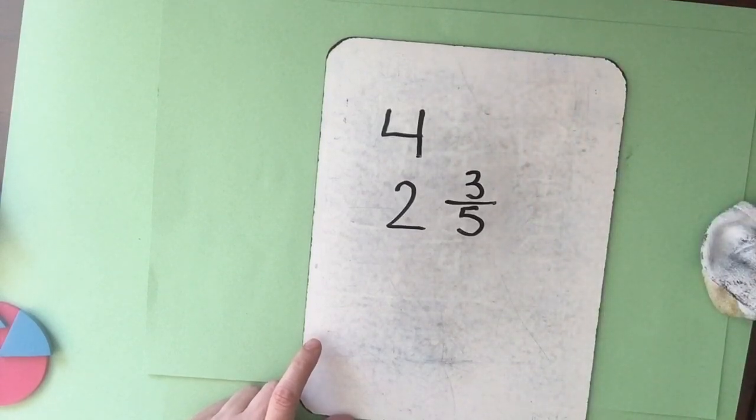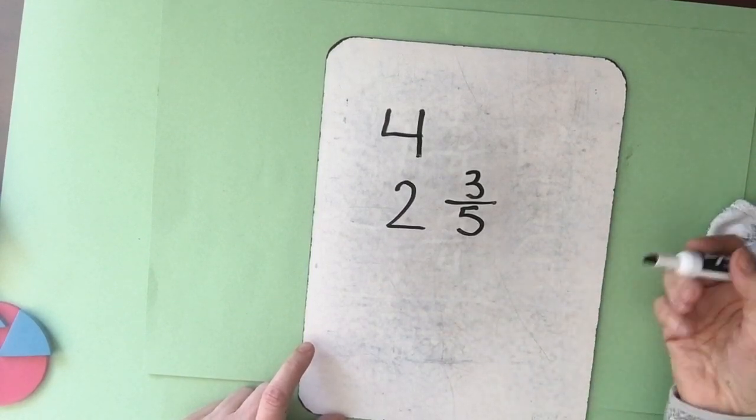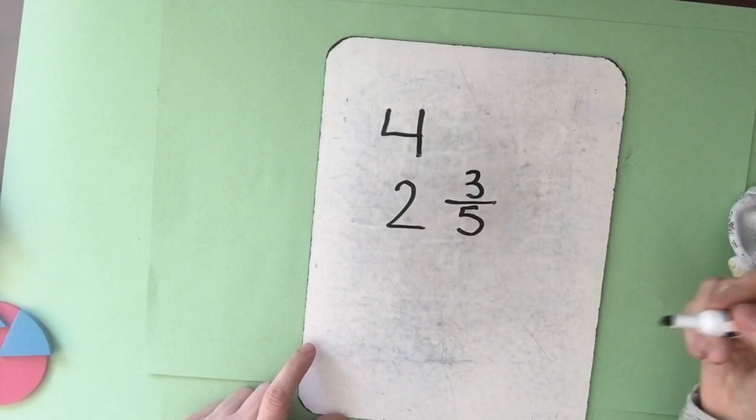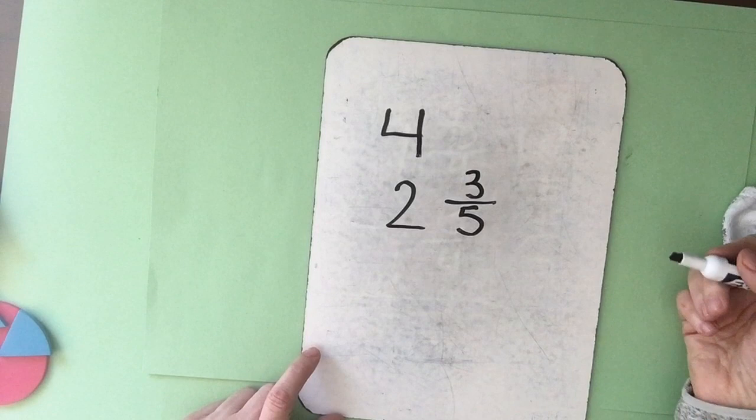That is 4 wholes, right? So again, think about what you need to do. If you want to try this one on your own, go ahead, and you can pause the video. If you want to see or do this with me, I would love you to do this with me with your pencil and paper while I'm doing it so that you can get the hang of it.